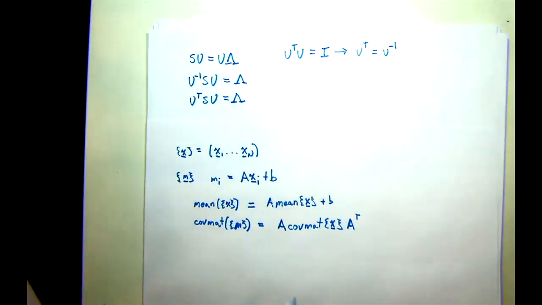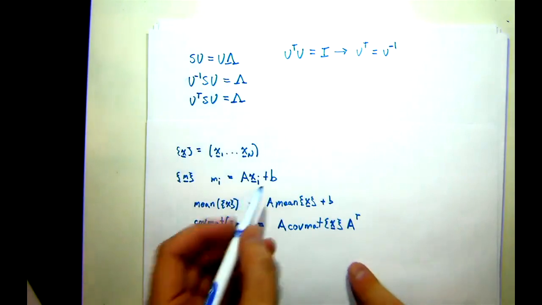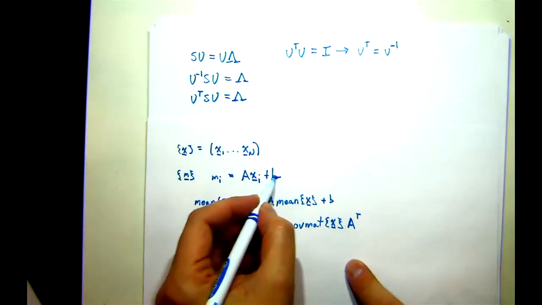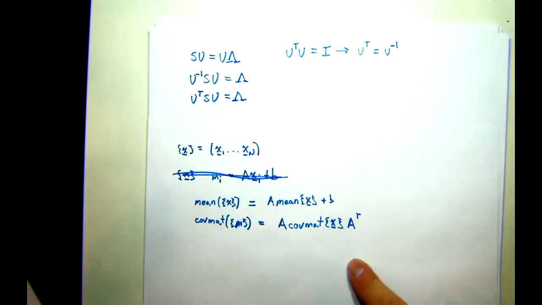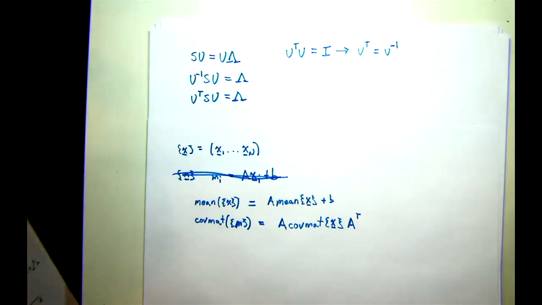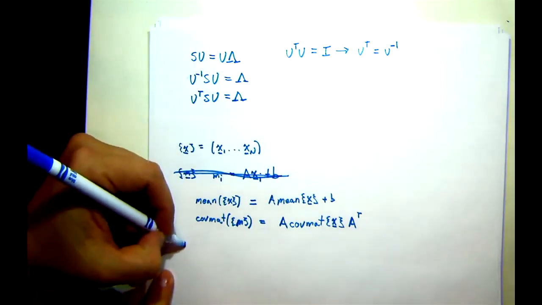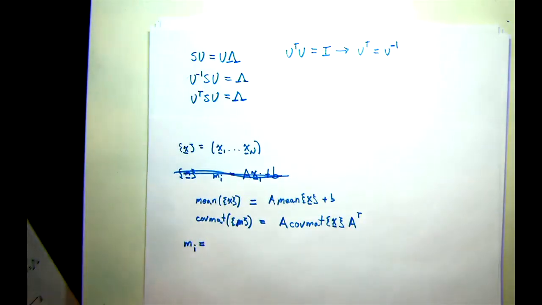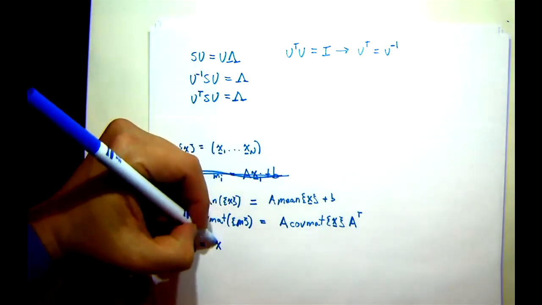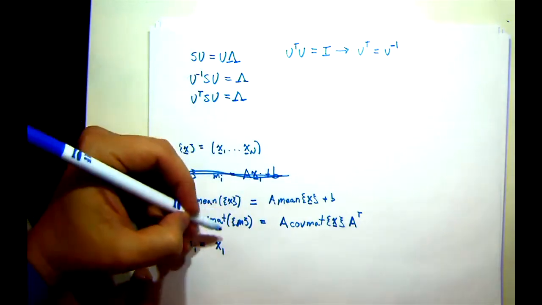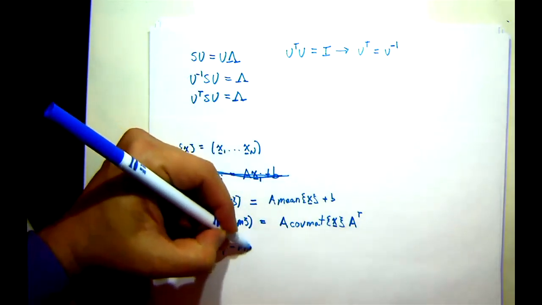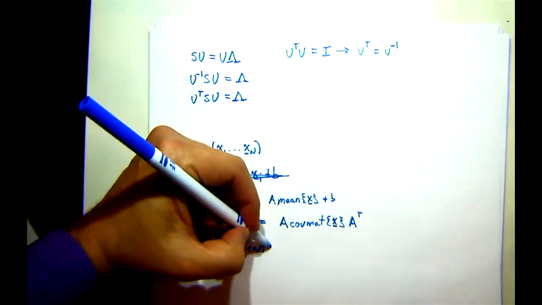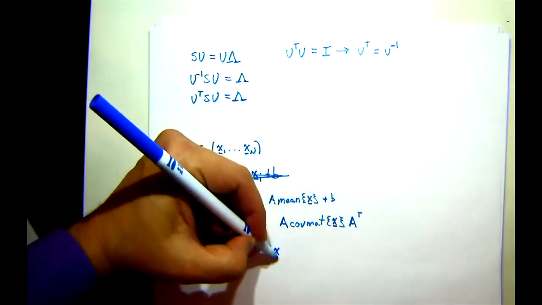I'm going to rewrite this M. I knew that was wrong. M i is going to be equal to x i minus the mean of the x data set.